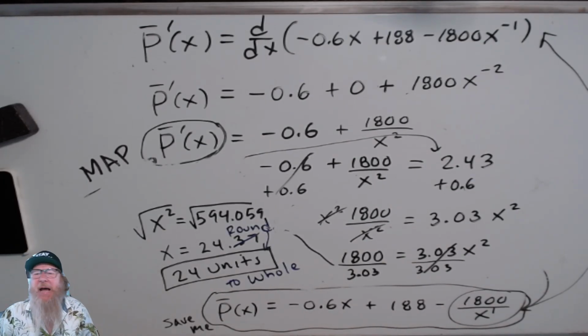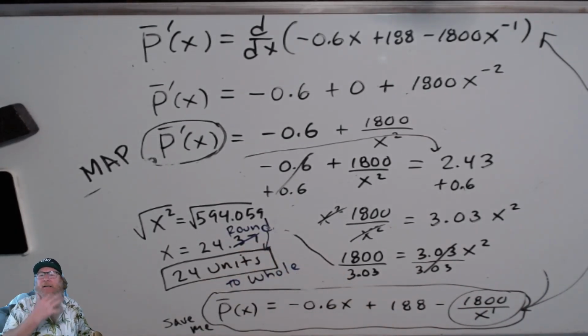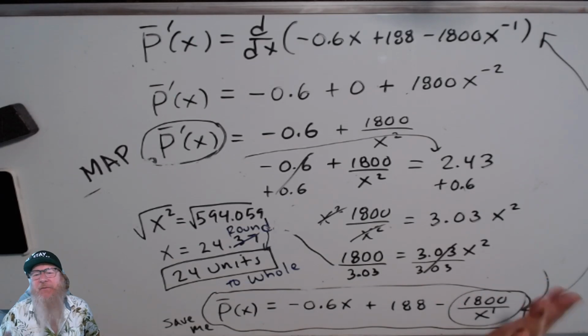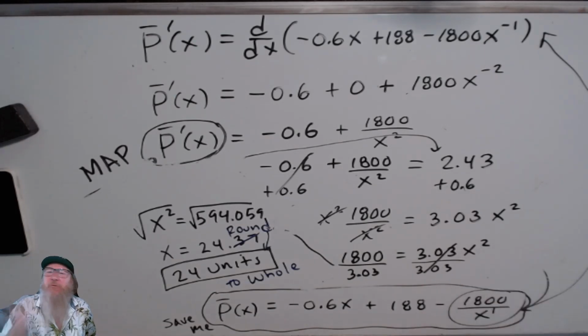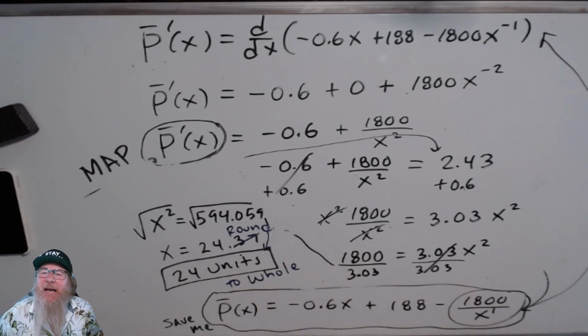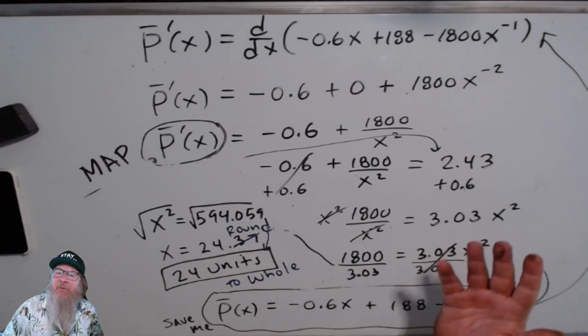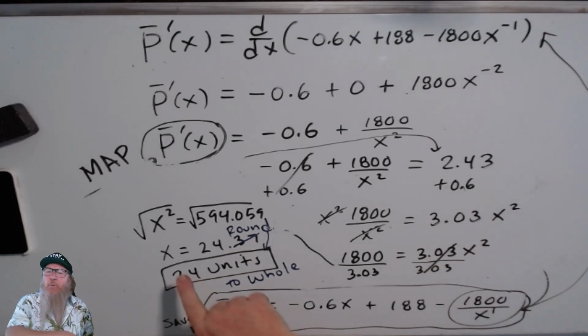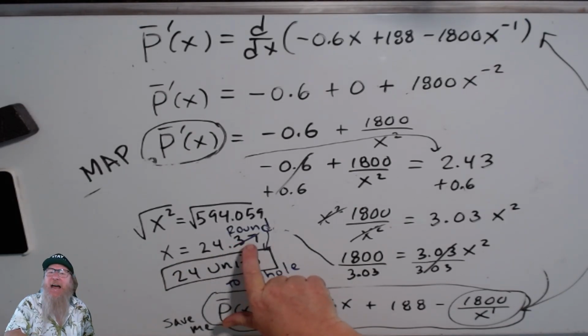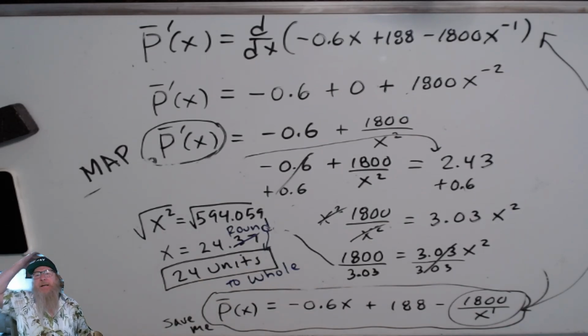Money, you can have pennies, right? You can have dimes and nickels and pennies and things. You can't have 0.37. You could argue that even if it was 0.5, you shouldn't round up because 0.5 is not really a whole unit. But I'm just going to have you do traditional rounding rules, which is if it's equal to a half or greater, then round up to 25. This is less than a half, 0.37. So round down to 24.